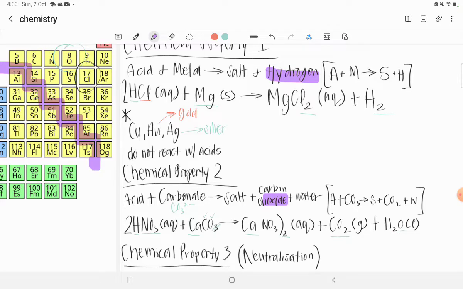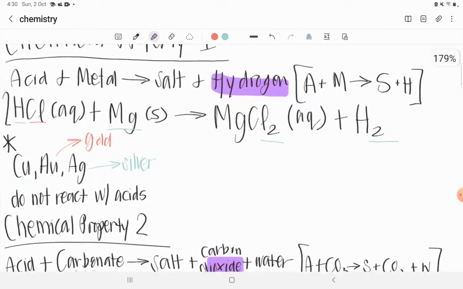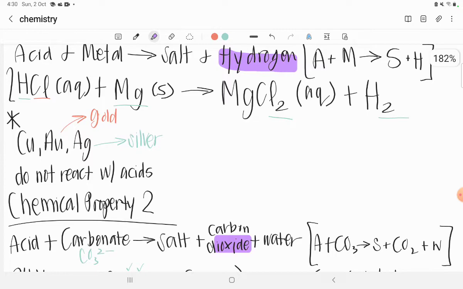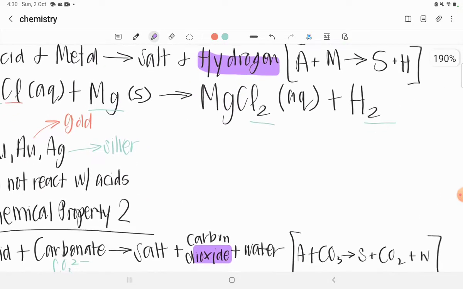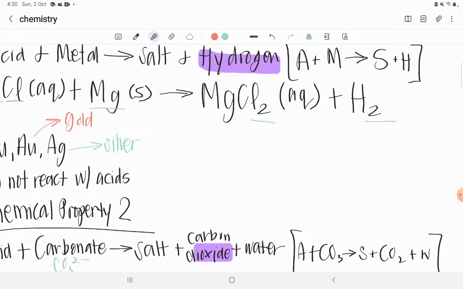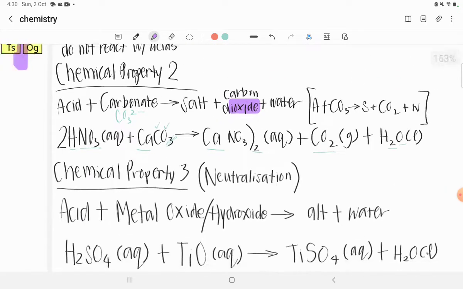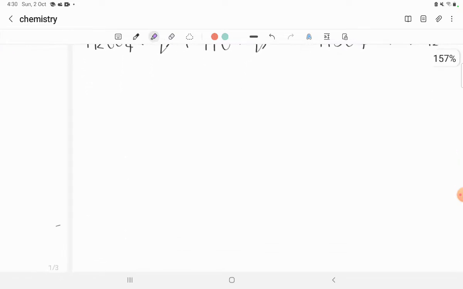The good thing is that one produces hydrogen and one produces carbon dioxide. So to differentiate these two chemical properties, we're going to have to test for gas. So this is where qualitative analysis comes in.